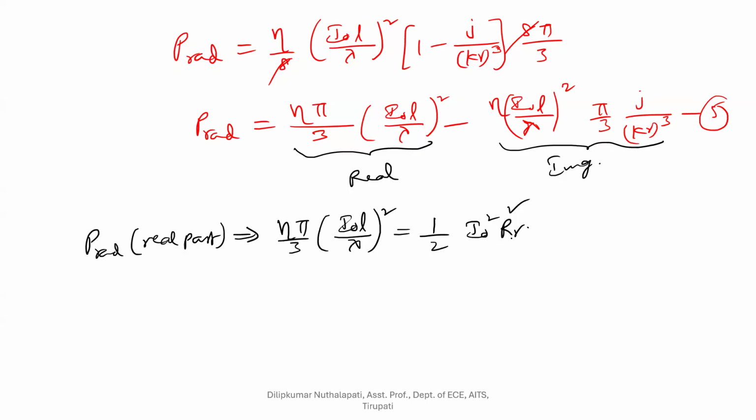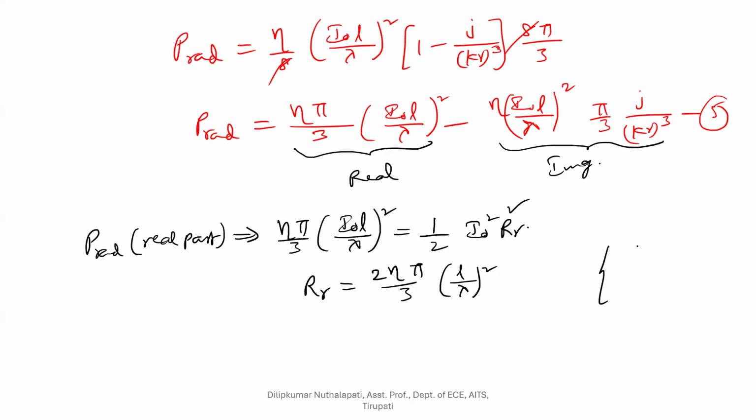Here the real term represents the power radiated from the surface of the sphere in the radial direction. As the imaginary term is negative, the reactance of the infinitesimal dipole is capacitive. And here your R_r term is 2ηπ by 3 into (L by λ) whole square.